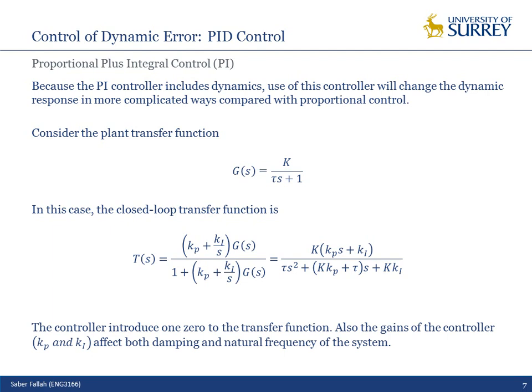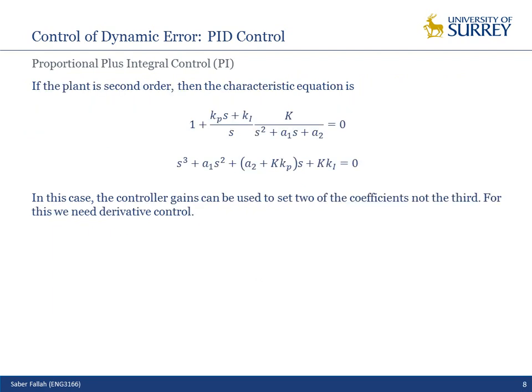So here is what I define. If I have the second order system, what's going to happen? If I have the second order system and formulate the characteristic equation of the closed loop system, I will have the third order system.